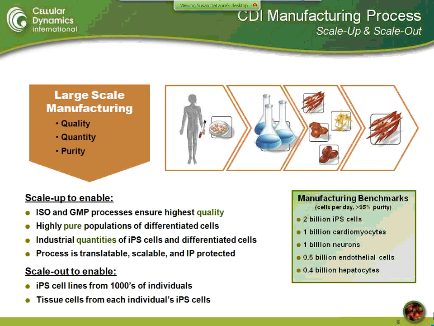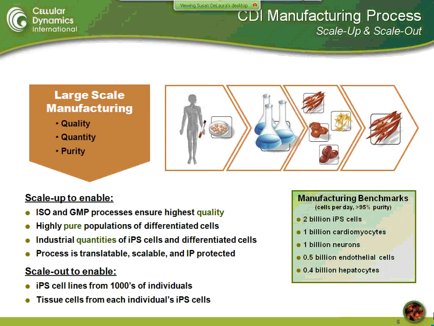This is something that we focus very carefully on: quality, quantity, and purity. The purity comes into play when you're looking at terminally differentiated cells, because if you have any sort of proliferating contamination, it will quickly overgrow your culture, and then you're not actually seeing the results in your test from your cell type, but from that contaminant cell type.